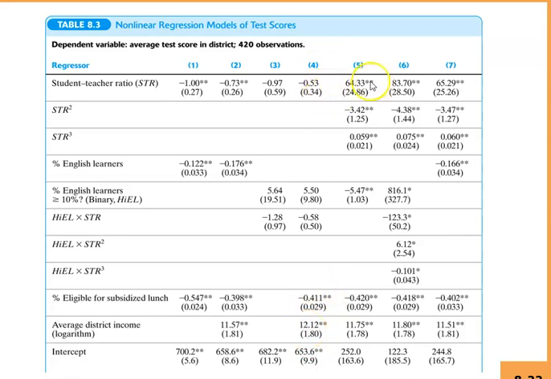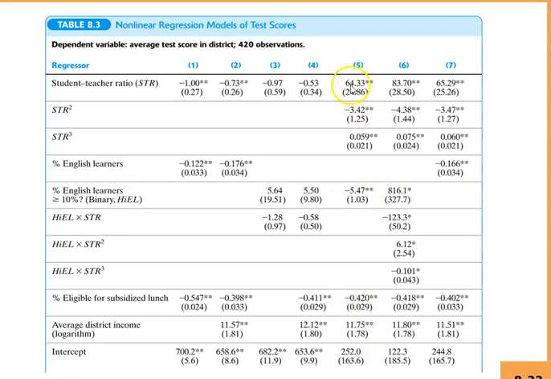So we can move on to our fifth specification, in which we are basically also allowing for non-linearities in the relationship between student-teacher ratio and test scores by introducing the square and a cube term, while also controlling for all the other control variables that we have access to.